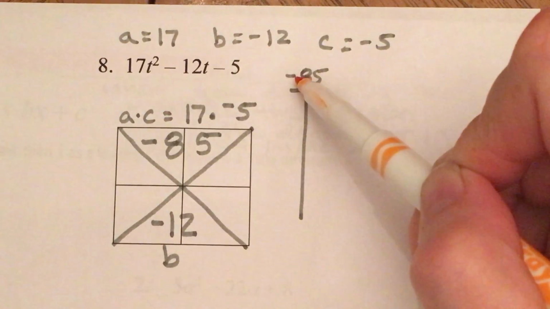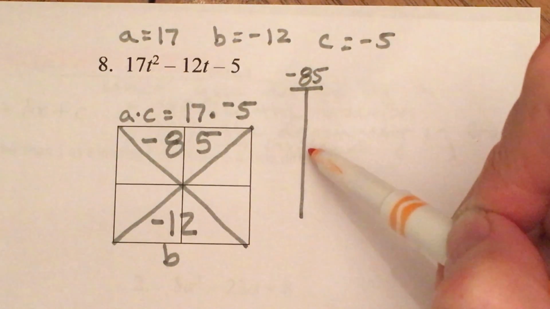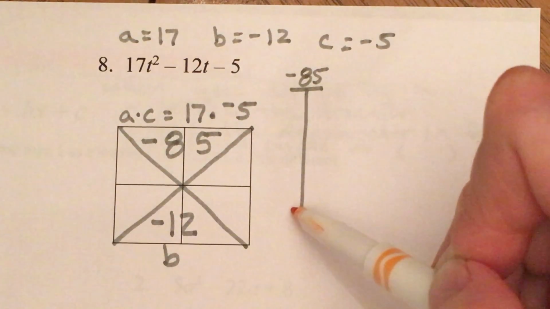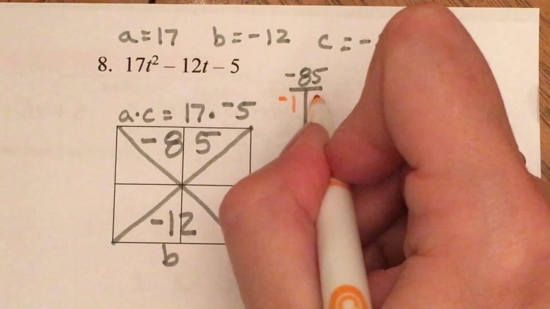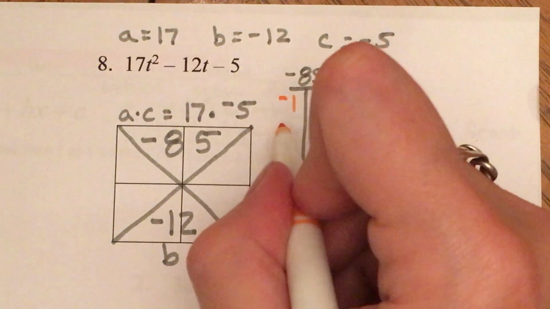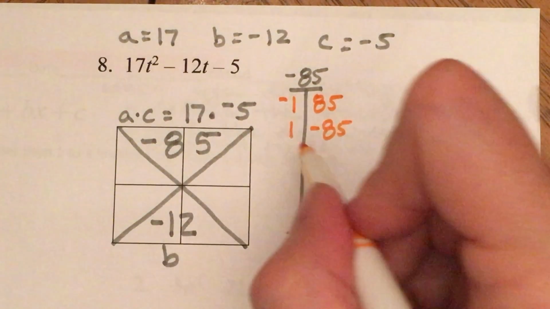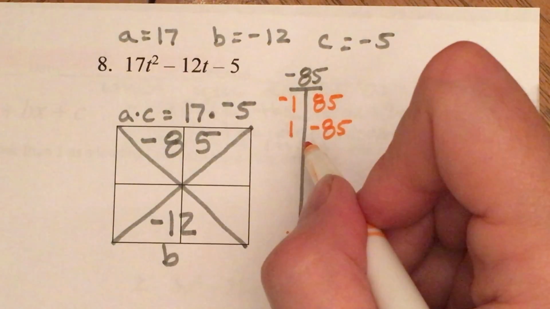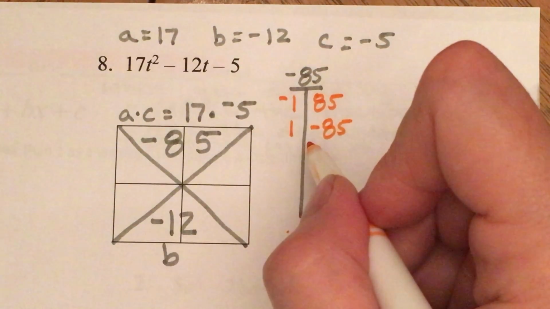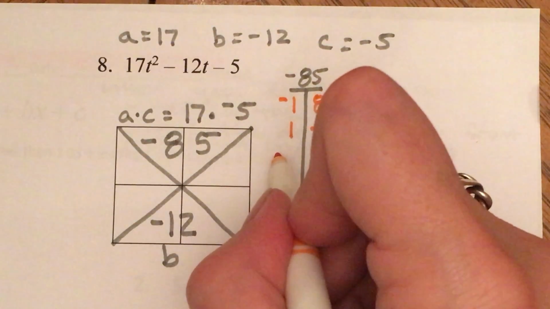Now, again, remember, since this 85 is negative, we're going to have all of our numbers twice with the negative alternating sides. -1, +85. Positive 1, negative 85. 2 won't work. 3, I don't think that's going to work. Nope. 4, no. 5, yeah.